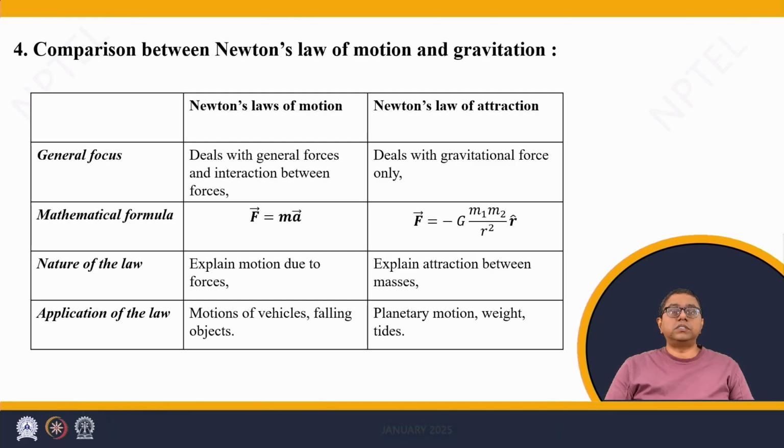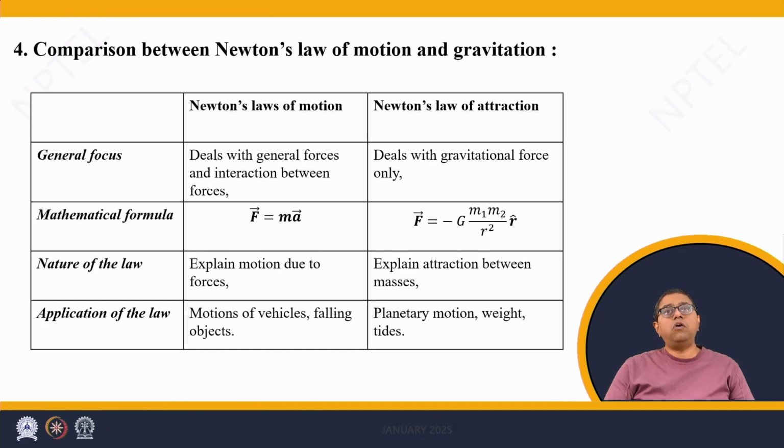The general focus. Newton's law of motion deals with general forces and interaction between the general forces. It is not restricted to gravitational field only. It includes electromagnetic forces, friction forces, and all other types of forces which may be conservative or non-conservative in nature.